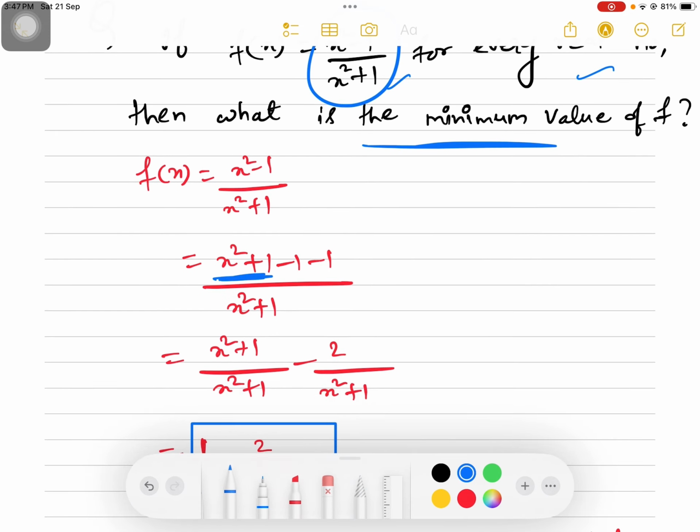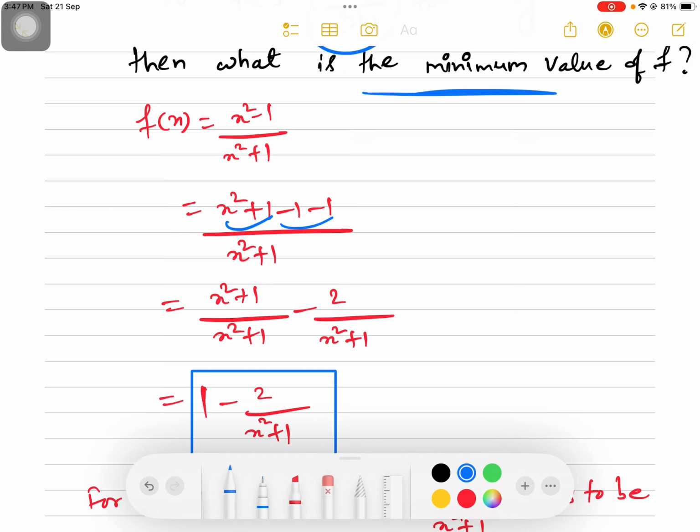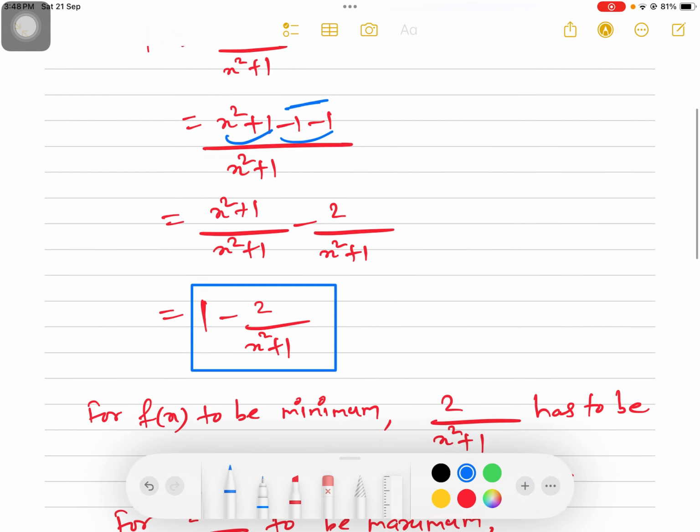Now if we separate the numerator along with the denominator, we can write (x square plus 1) by (x square plus 1), and this will be minus 2 by (x square plus 1). So this will give you 1, and this will be minus 2 by (x square plus 1).